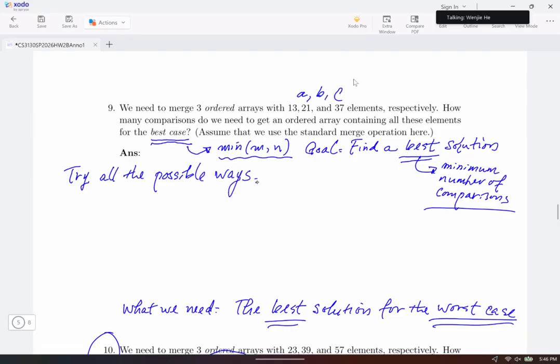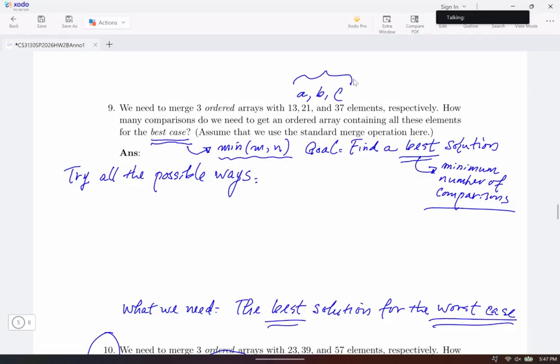Because when we merge these three ordered arrays, there are several different ways to merge, right? Among those different ways, we want to pick the one with the minimum number of comparisons.